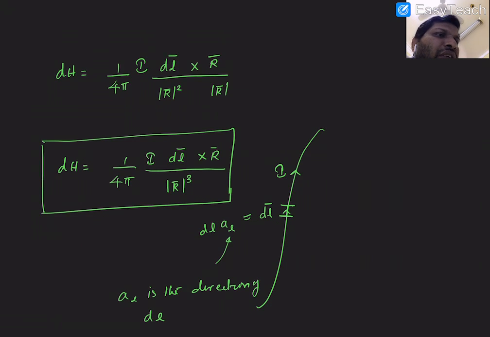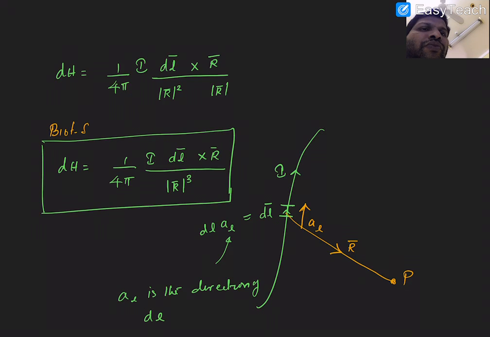This direction we call the direction of the length, and you want to find the magnetic field at P. Then you will see this is R. Now you can get the direction as AL cross AR, or we can say it is dL cross R. So this is the Biot-Savart's law. I hope this is clear to you.